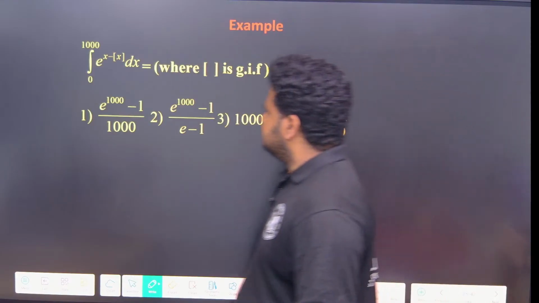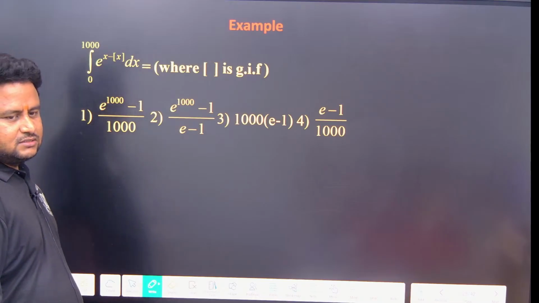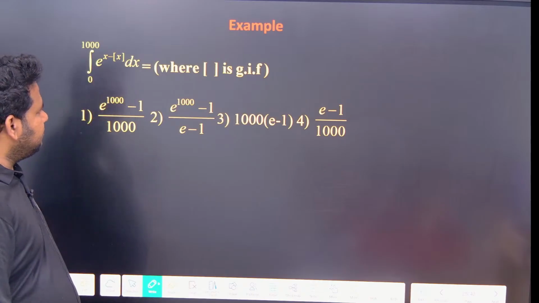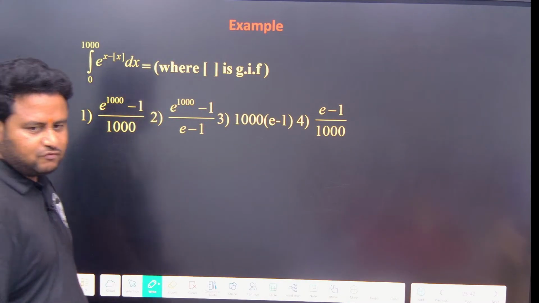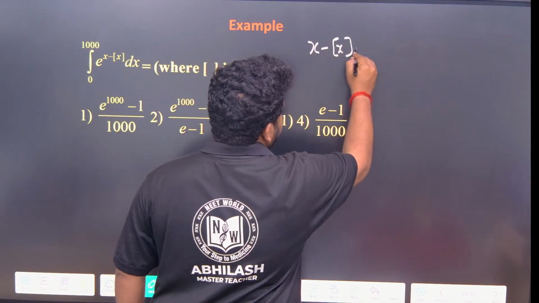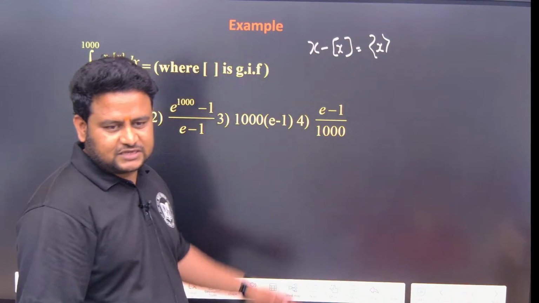They have given the integral from 0 to 1000 of e power x minus step x dx, not mod, where step x is the greatest integer function. What is the value they are asking? You should know that x minus step x is the fractional value of x. I have told this.